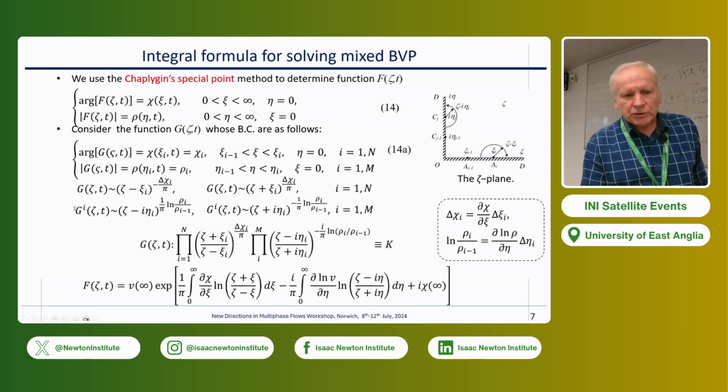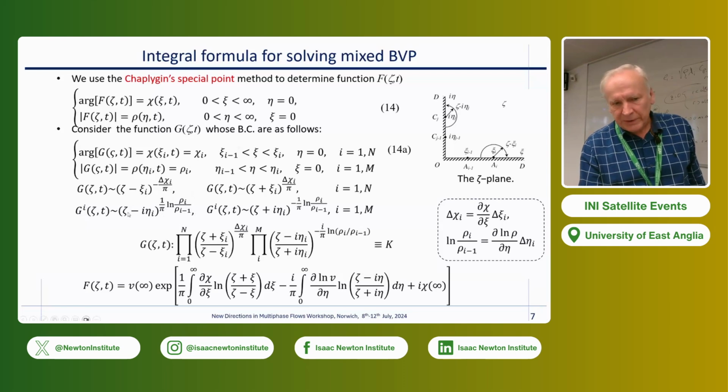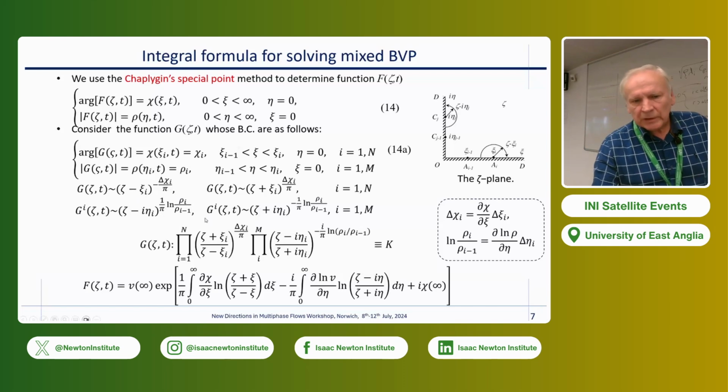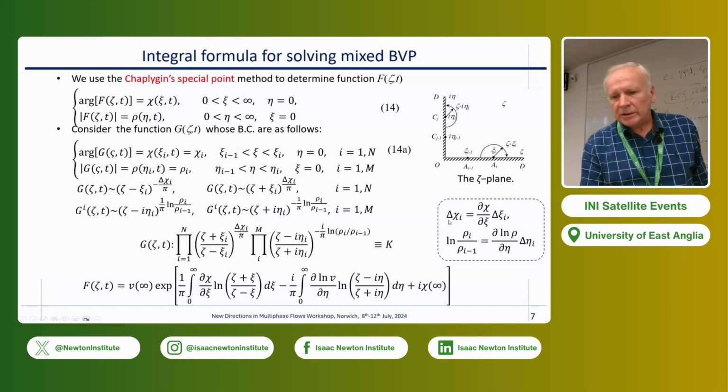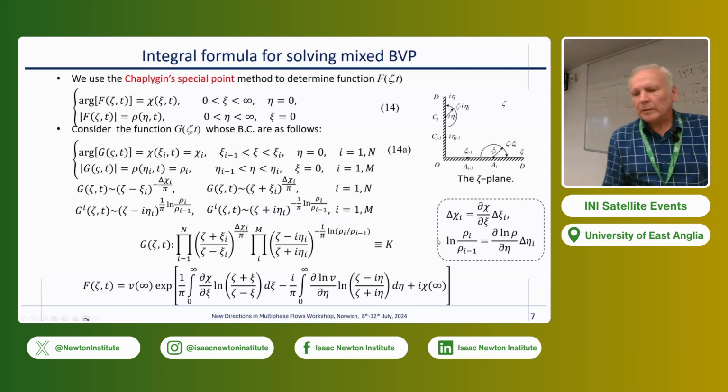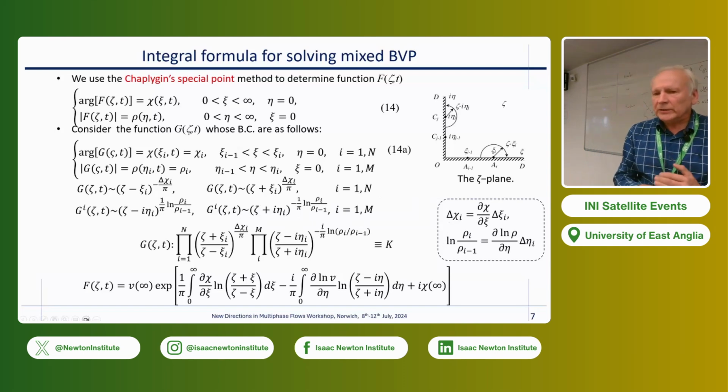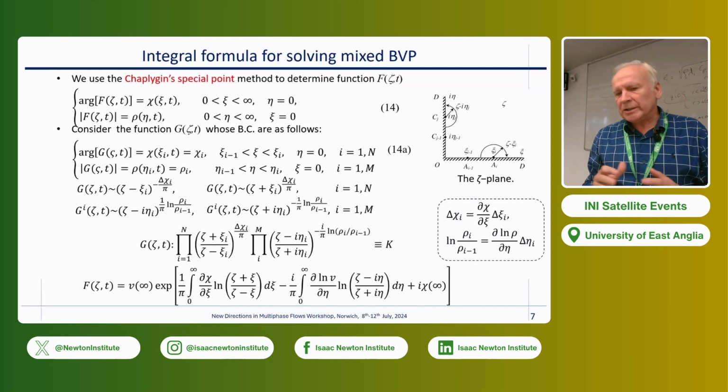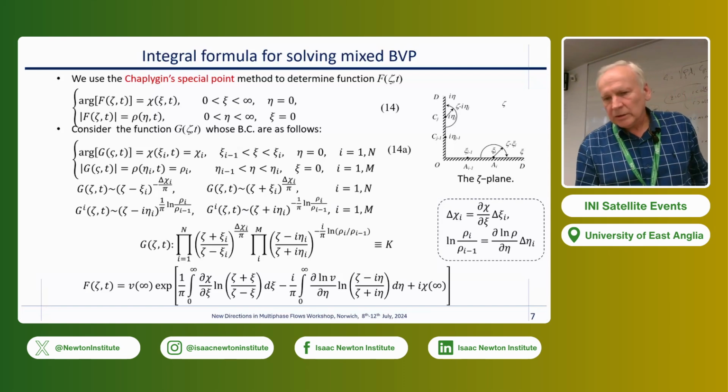We consider function g in order I, and then the magnitude of this function g becomes the argument of function g in order I. We apply the same technique as previously and determine all singularities in the lower half plane, and totally we determine all singularities in the whole plane and the real and imaginary axis.